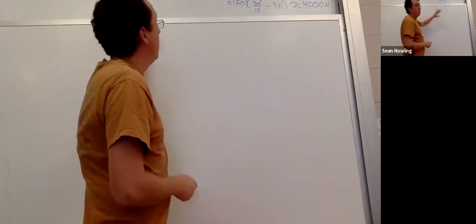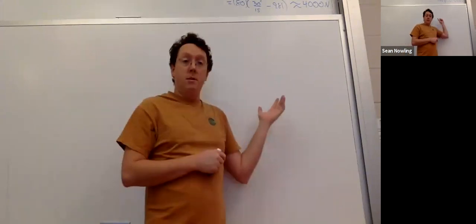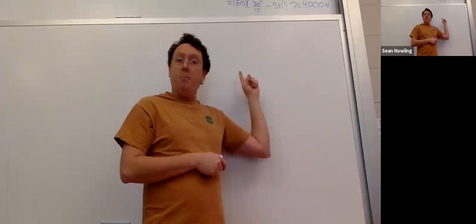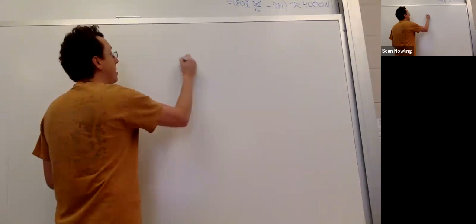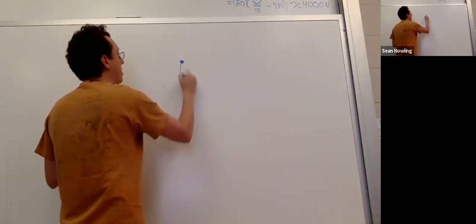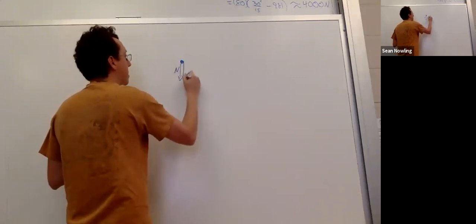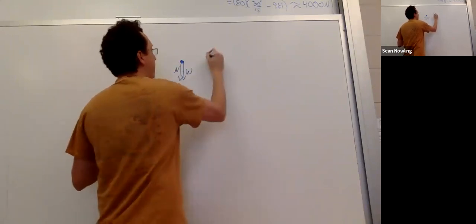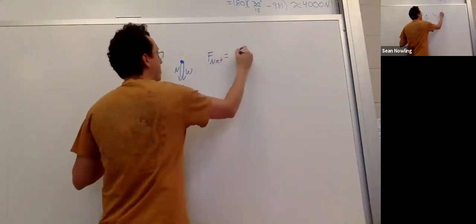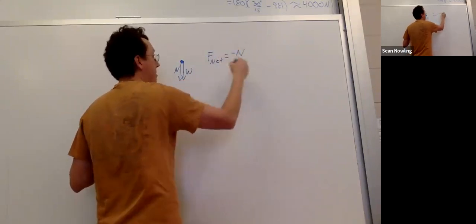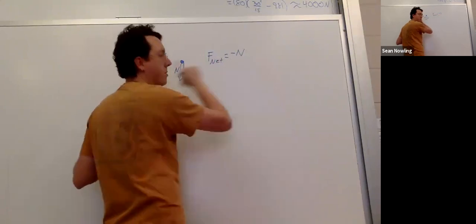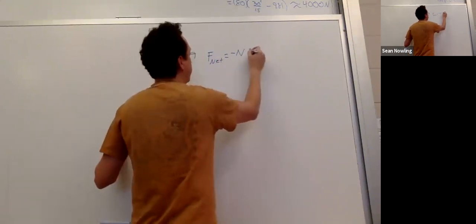So we want to do the same basic problem at the top of the loop. The normal force equals 0. All right, same free body diagram. I have a normal force going down, a weight going down, F net equals normal force downwards.